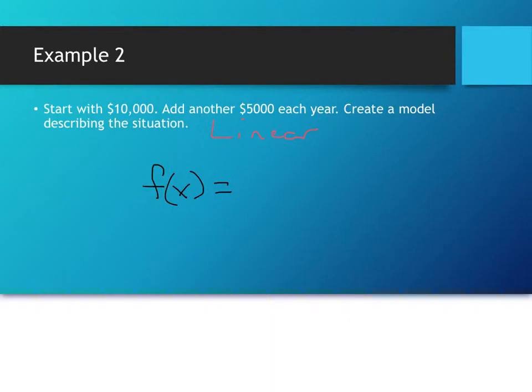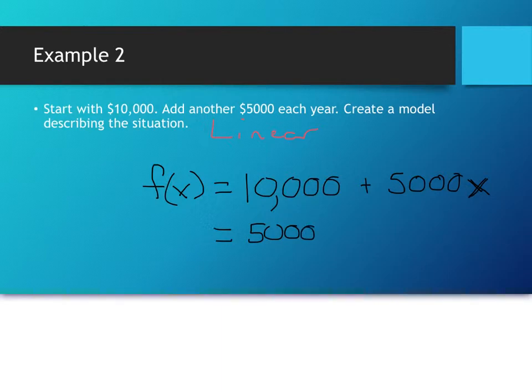So if you're starting with 10,000 and adding 5,000 each year, we tend to write that in one of two ways. Start with 10,000 and add 5,000 every single year, so 5,000x. Or you could have reversed that and said take 5,000x plus 10,000. Either way, you're getting a linear model, just which piece you write first.